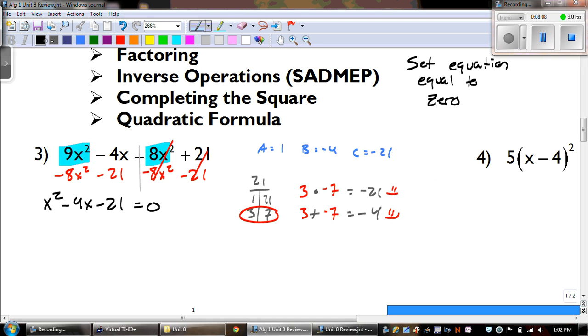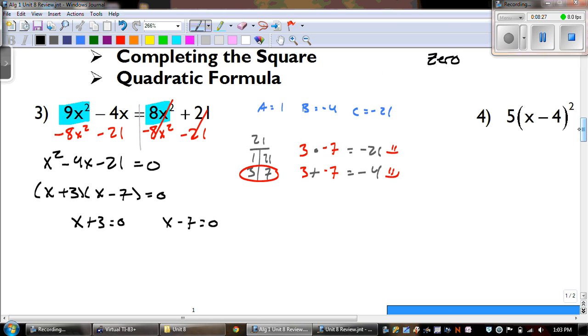Since my leading coefficient's 1, I can go straight into my shortcut of x plus 3, x minus 7 equaling 0. And we need to set each one of those equal to 0. And that's where we get our final answer of x equals -3 and +7.